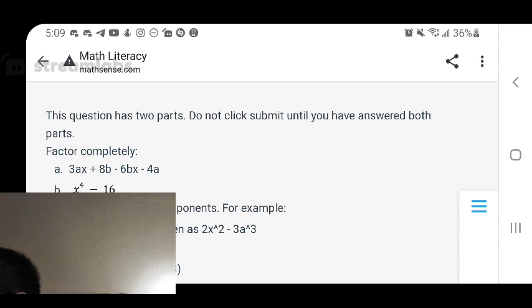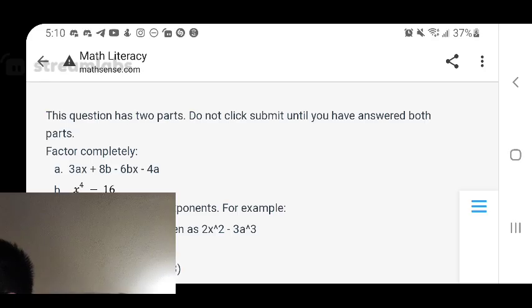If I can't factor out a because it's with x, I can do another one with a. Is 3x minus 4 plus b times 8 minus 6x. Oh, is that one? 3ax minus 4a, yep, plus 8b minus 6bx. There are two ways of doing this.